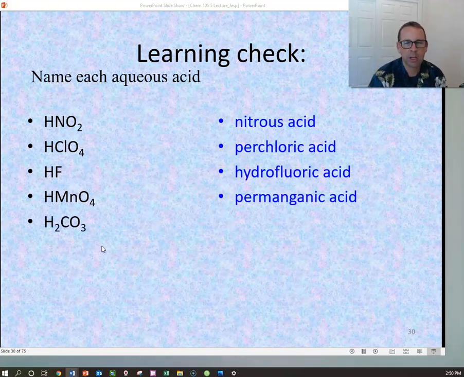Excellent job. How about H2CO3? Hydrogen carbonic. Carbonic acid. But we don't need the hydrogen in front, right? Because it's not a binary acid. So just carbonic acid. Excellent job.